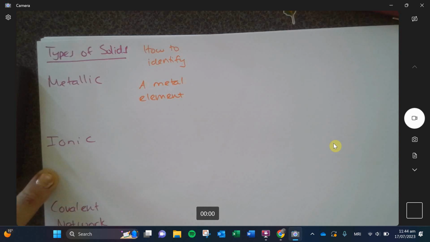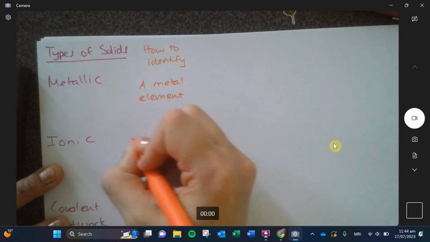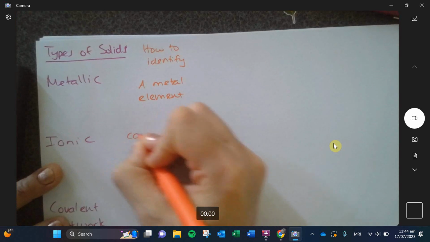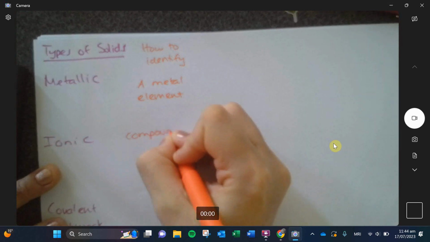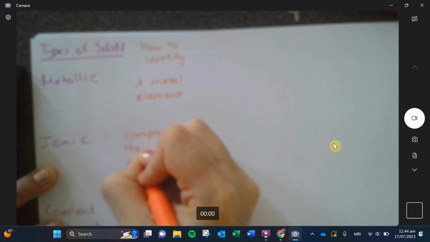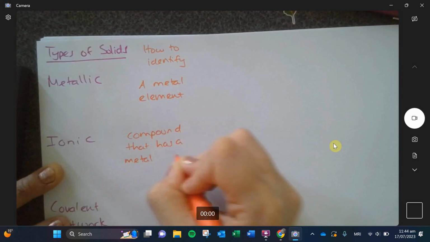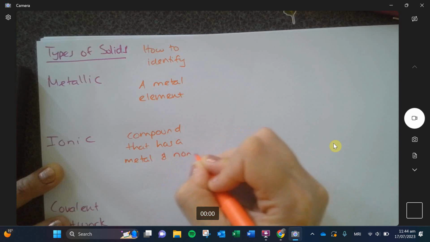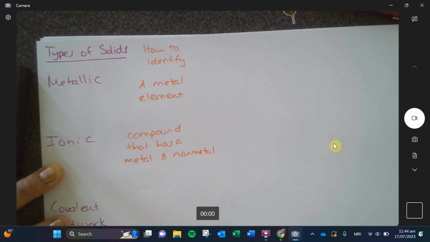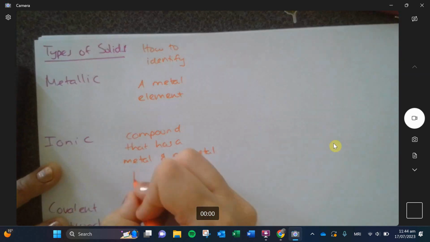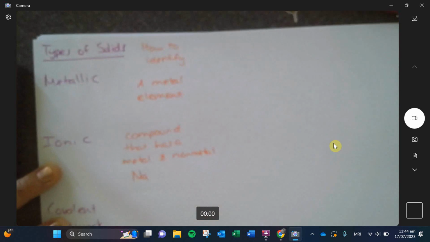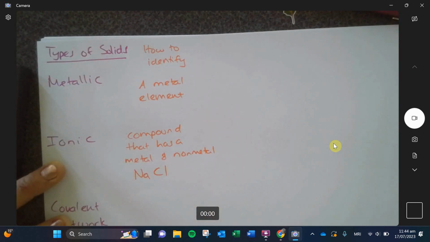An ionic one would have a metal, so it'd be a compound, that has a metal and non-metal. So say, for example, sodium is my metal, chloride is my non-metal.